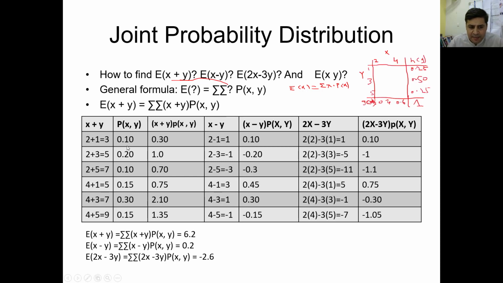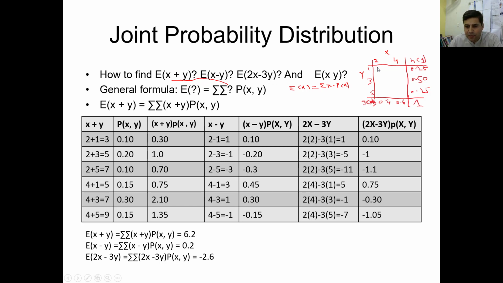Now they want to find this E(X plus Y). We have two values for the random variable X, and three values for the random variable Y. Now we want to add these and use their joint probabilities in order to calculate the mean, because this thing represents the mean.